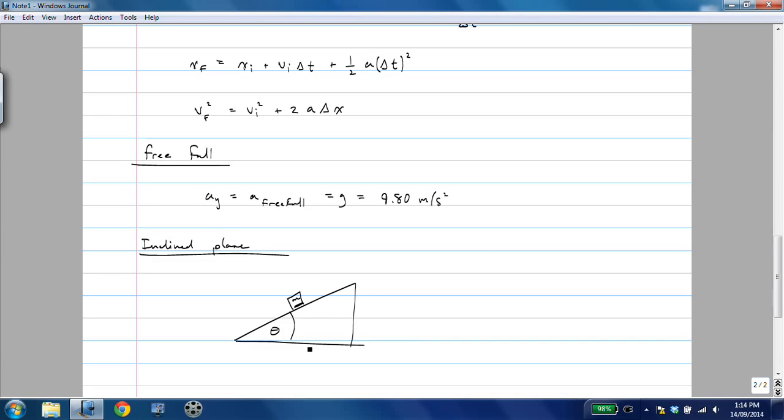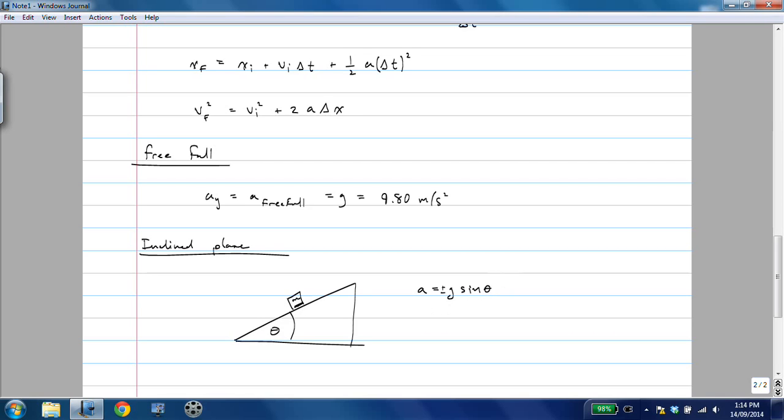So it'll be a little different because we just want to get the y component. So a in this case equals g sine theta, or whatever this angle is here. So it's not just g in this case because it's not falling straight down, it's actually falling at an angle now. So it's actually g sine theta.